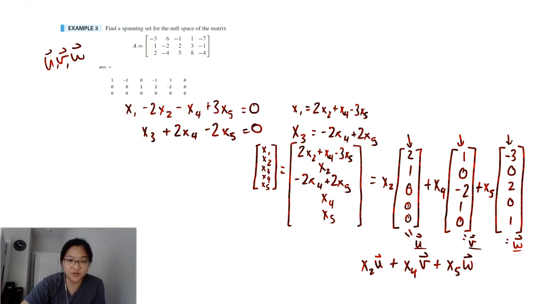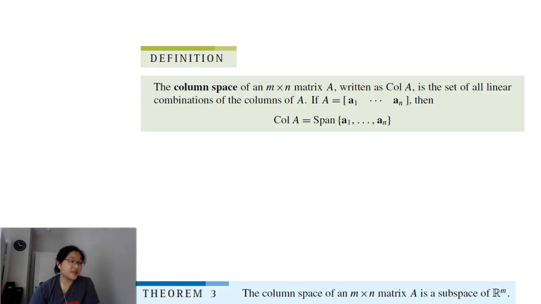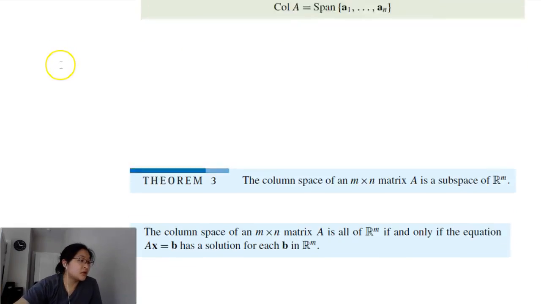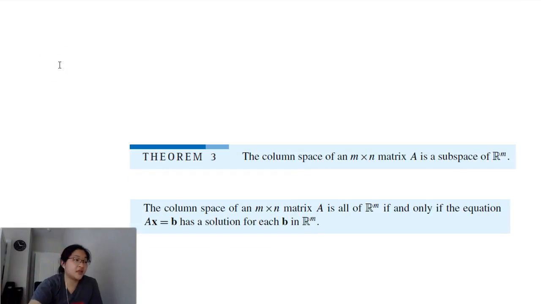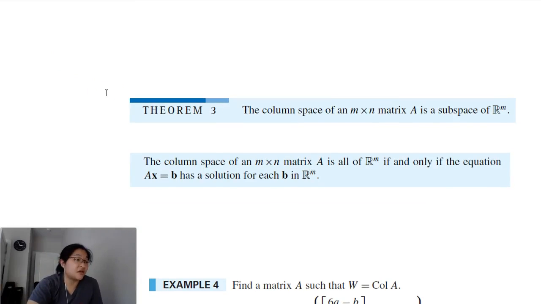Alright, let's think about column spaces. The column space of an m by n matrix A, written Col A, is the set of all linear combinations of the columns of A. It's a subspace of Rm. That makes sense, because if it were a subspace of Rn, we wouldn't necessarily have the same amount of information.